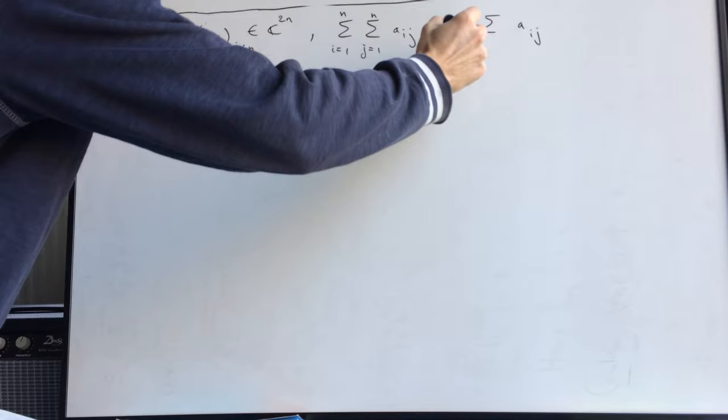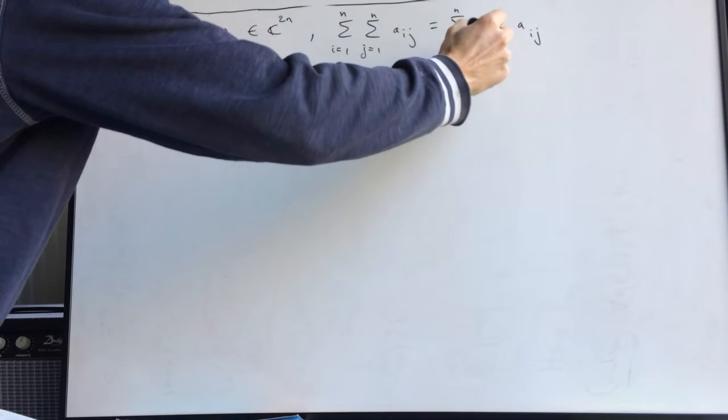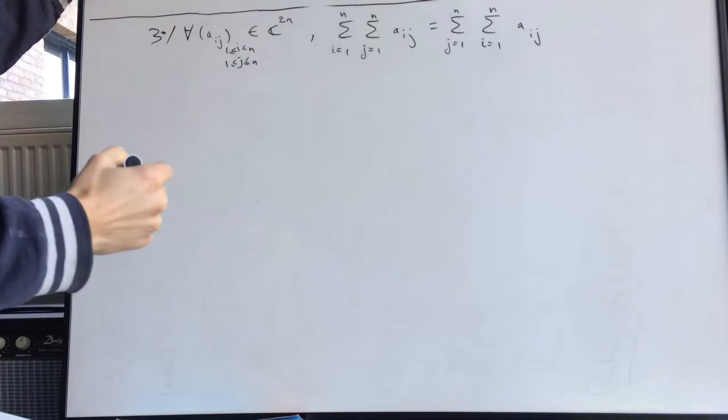So here j is going from 1 to n, i is going from 1 to n.